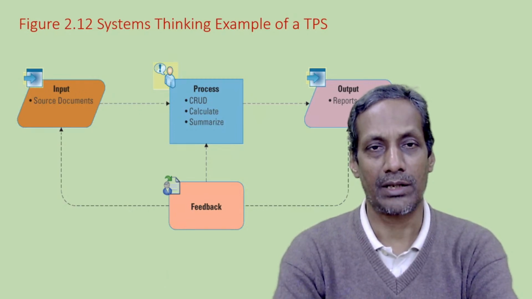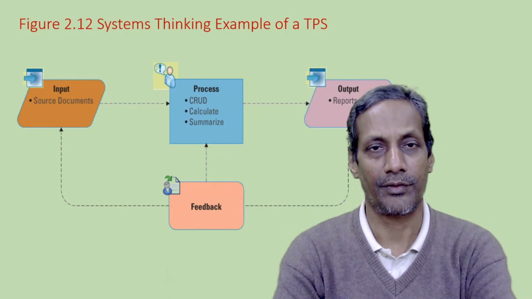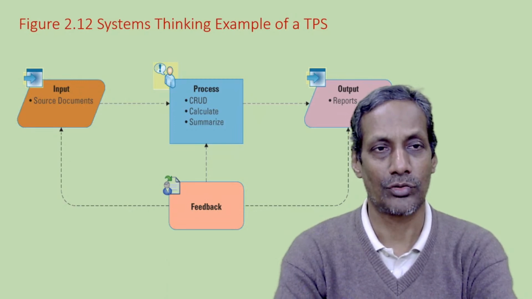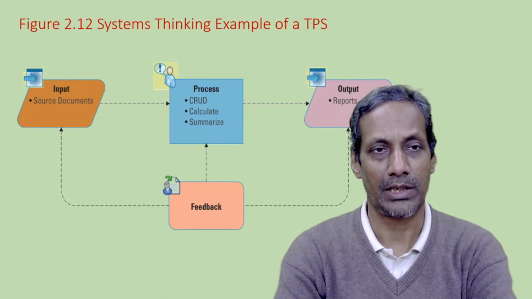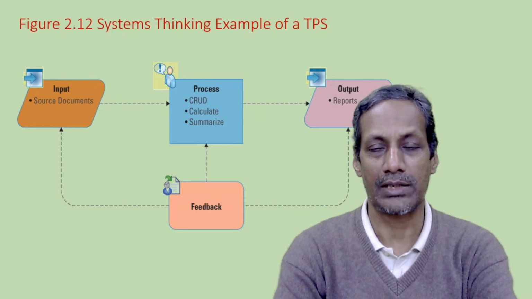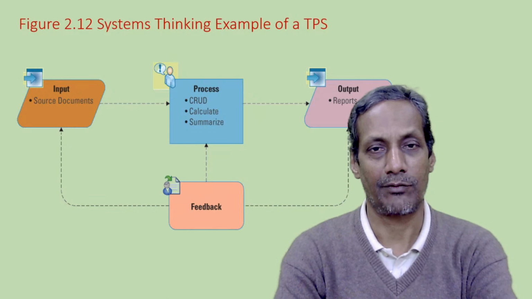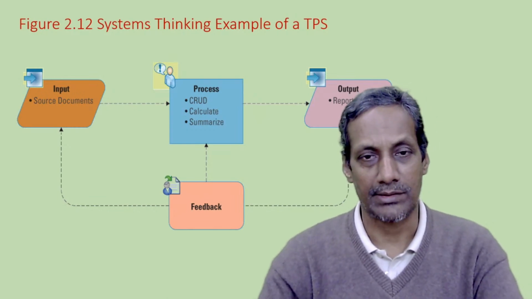And the feedback and the control mechanism are incorporated into the process phase of the series of steps that the data from the source document has to go through to be meaningful and used in a meaningful context by managers.